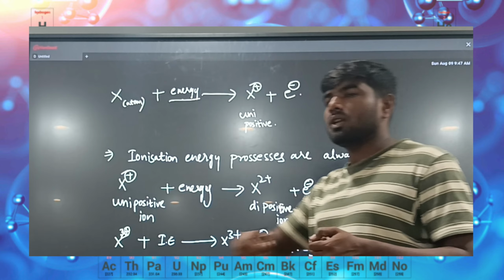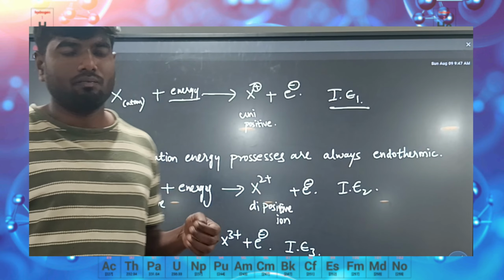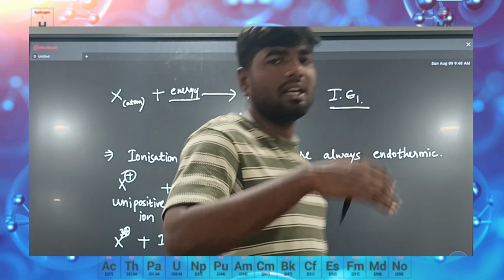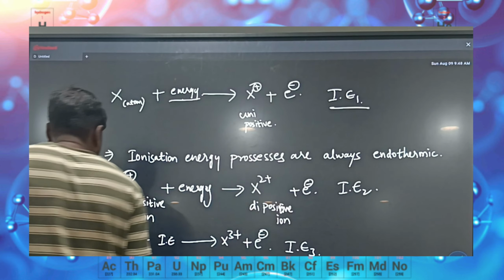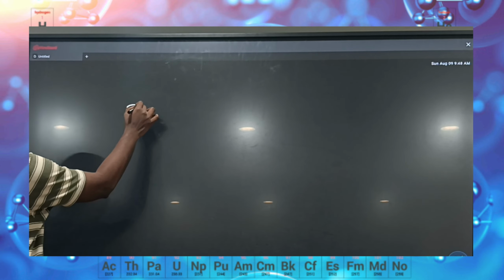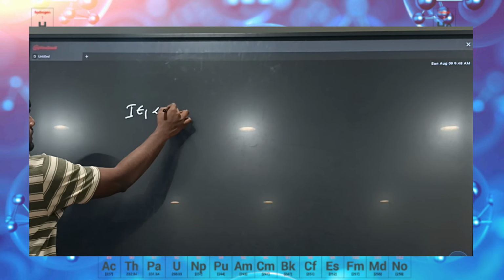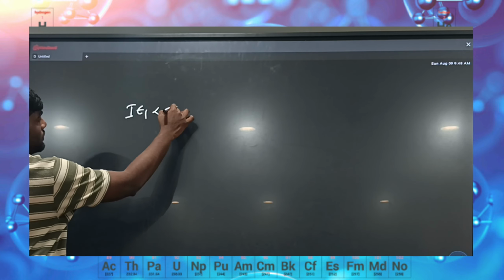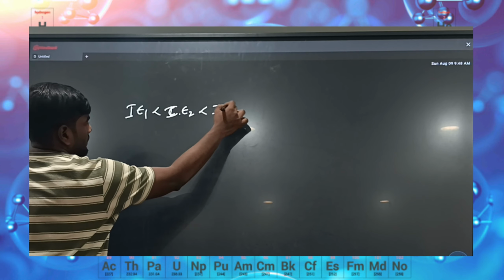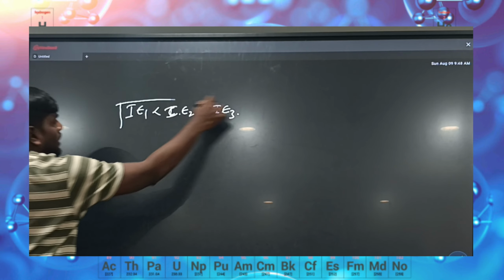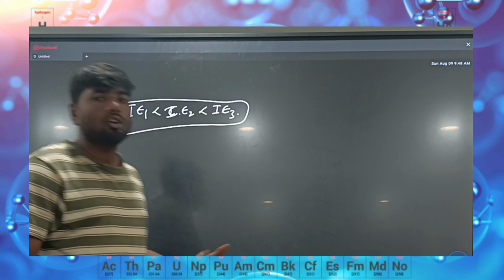Why? Because removing the first electron is very easy, since it's in the outermost shell. Then the next electron is a little difficult to remove. So that's why IE1 is less than IE2. Next IE3. So this is the order, and these are all endothermic processes.